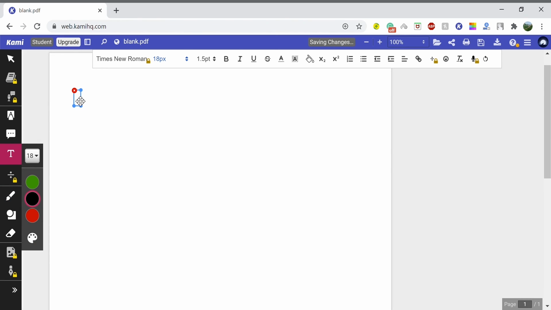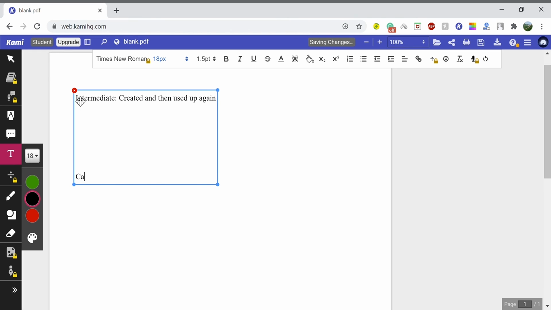So before I end the video, I want to talk about intermediates and catalysts. An intermediate is a substance that is created and then immediately used up again. A catalyst is something that is a reactant and a product in the end.